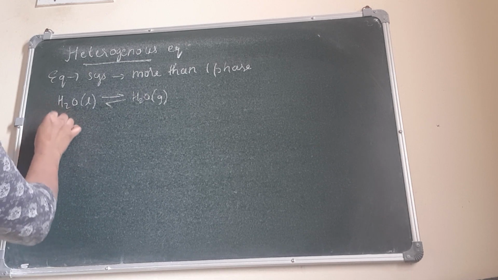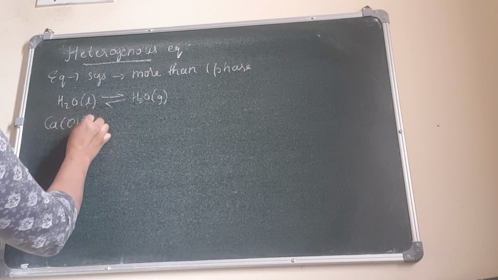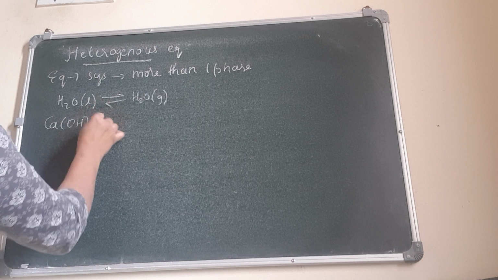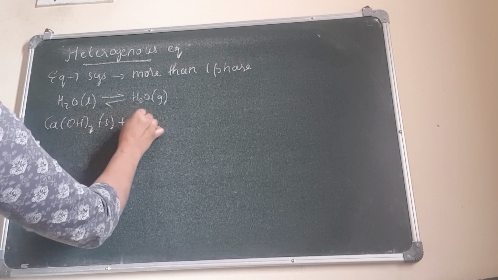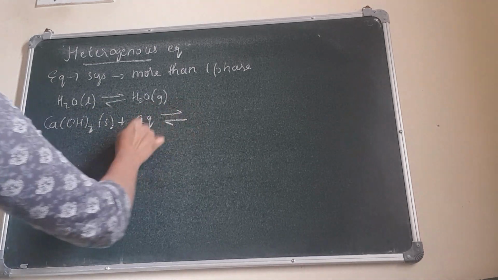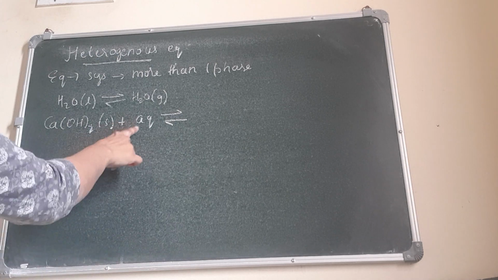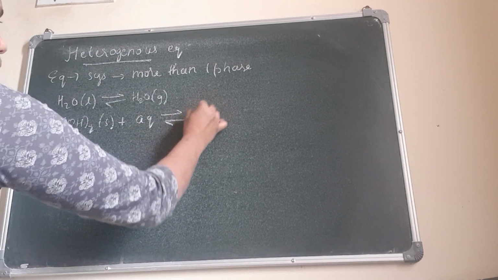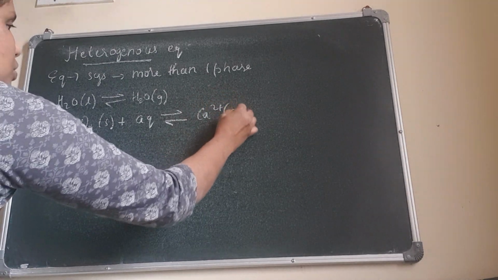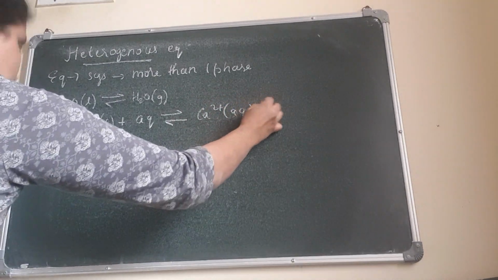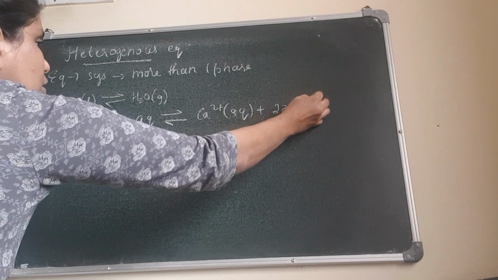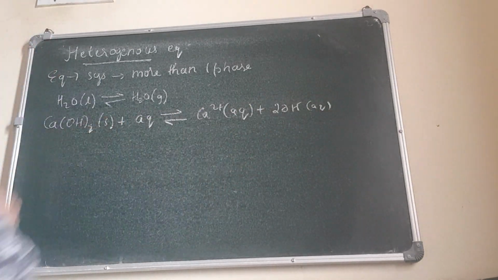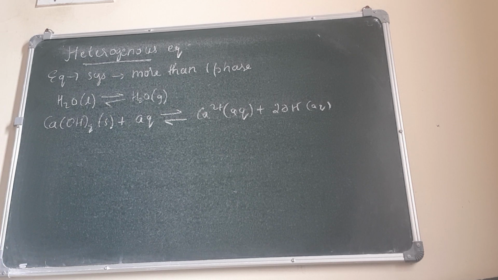Or another example, if you have calcium hydroxide, which is a solid, and let us say it is in equilibrium with its saturated solution. So we have a lot of water, a saturated solution I mean. You are preparing a saturated solution of this.